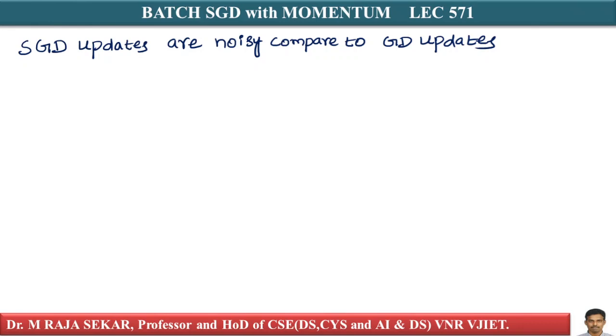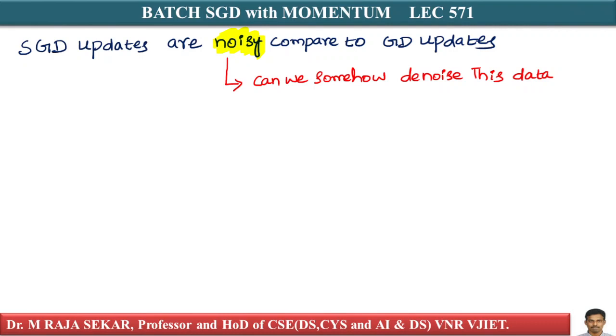Basically, the gradients that we compute using SGD are noisy because they are approximations to the gradient descent updates. We said, can we somehow denoise this data?